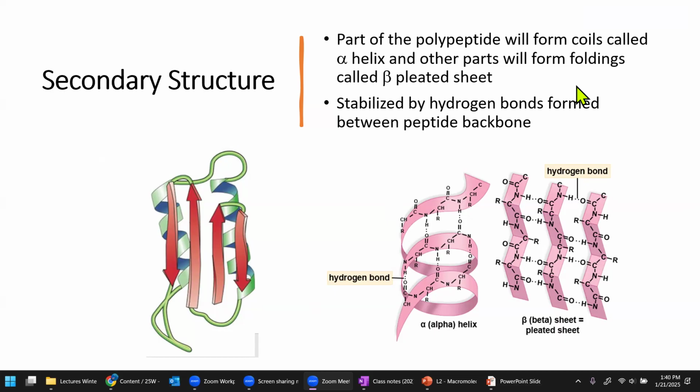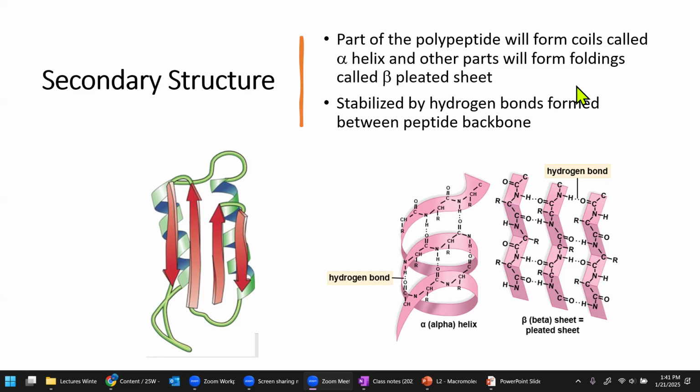Now this thing is going to form different structures. For example, some part of it is going to curl up, like a spiral. Other parts of the protein might form a zigzag, just up, down like this. These spirals, we call them alpha helix.